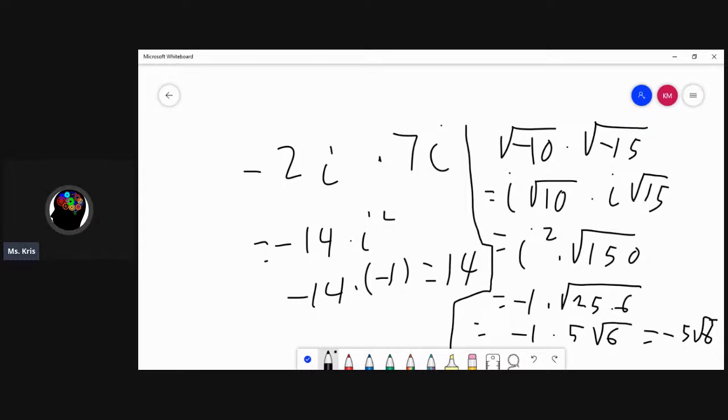Any questions on multiplying your imaginary numbers? Next, we have simplifying the power of your imaginary numbers.